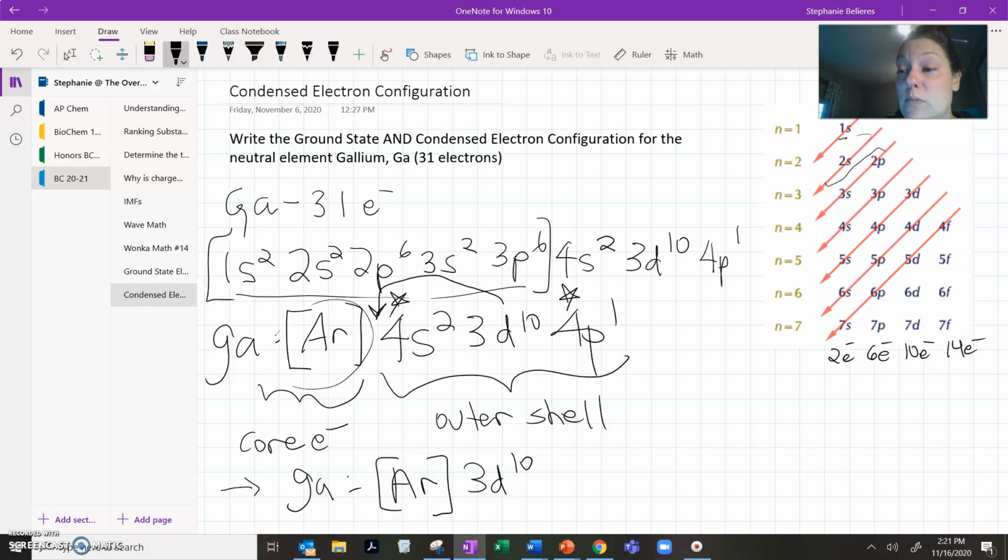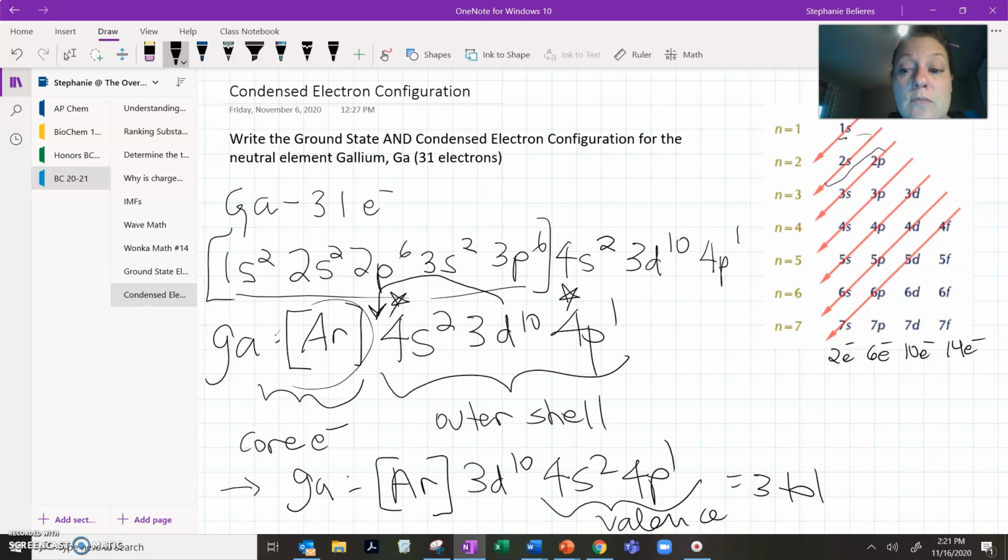So gallium is a metal that would form a charge of +3. Then I write 4s2, 4p1. These are my valence electrons, and there are 3 total. Okay, so that is the condensed electron configuration.